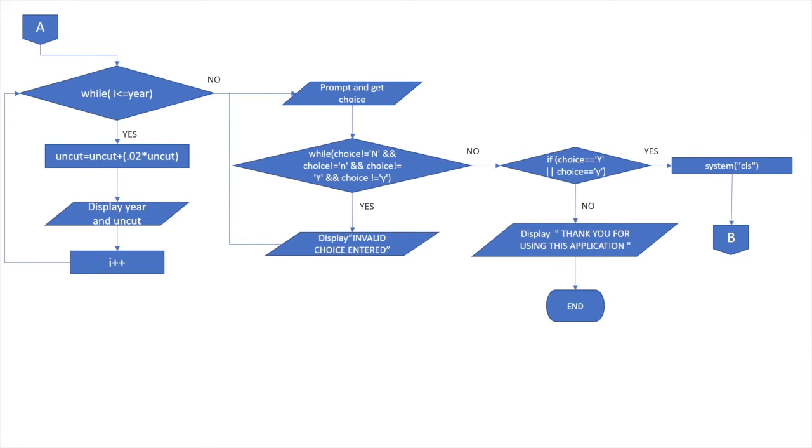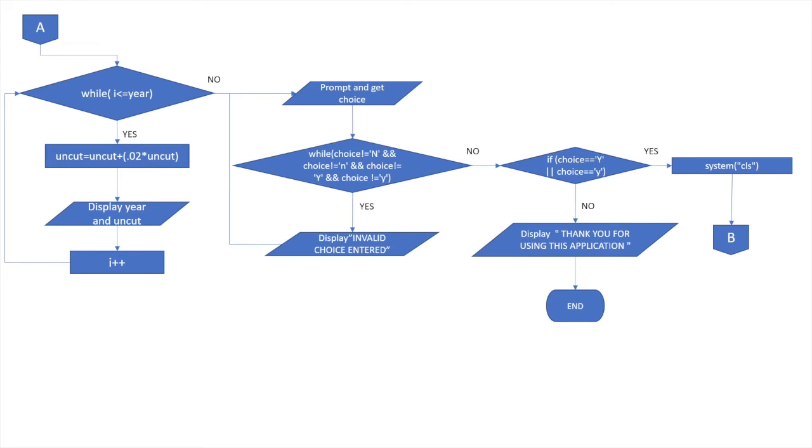So the next process is the process where it will be displaying the year and total reforestation area for the given time. So while the counter I is less than or equal to year, it will calculate the reforested area.